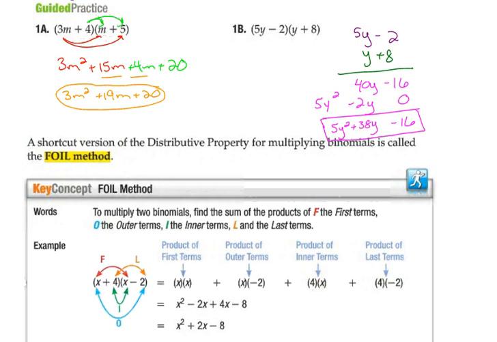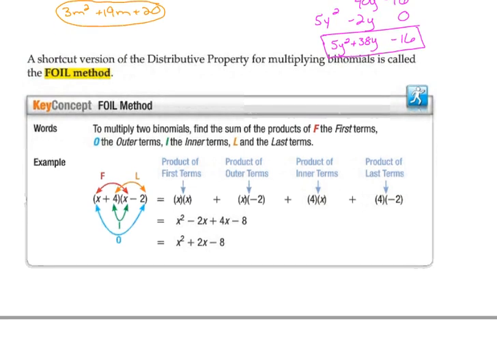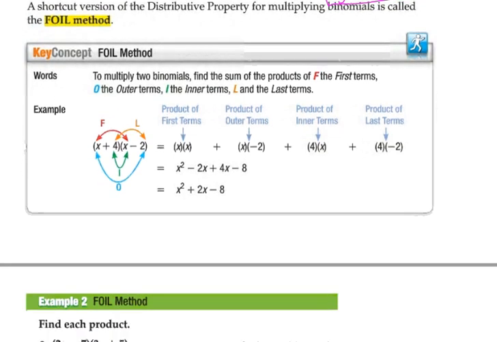Okay, so I showed you two different strategies on how to do that using the distributive property and the vertical method. One way to look at this, they call it the FOIL method, because if you notice, what we're doing is we're multiplying the first terms together, then the outside terms together, then the inside terms together, then the last terms together.